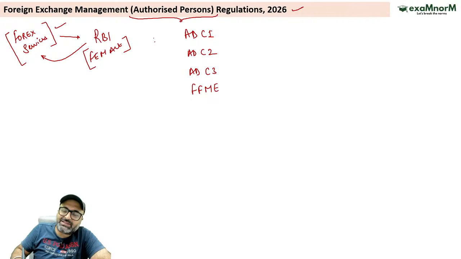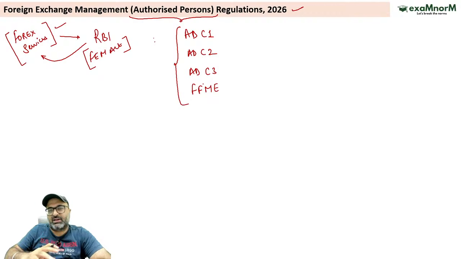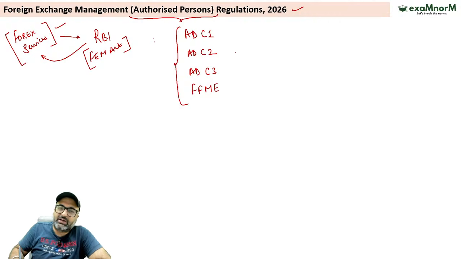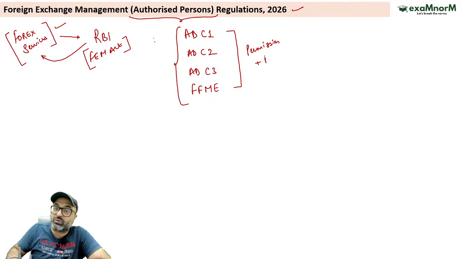In this recent circular, RBI has come up with a circular which gives uniform, one-stop information regarding licensing. If you want to seek permission to start operating as an authorized dealer, what steps you have to follow. If you want to renew your license, what steps you have to follow.